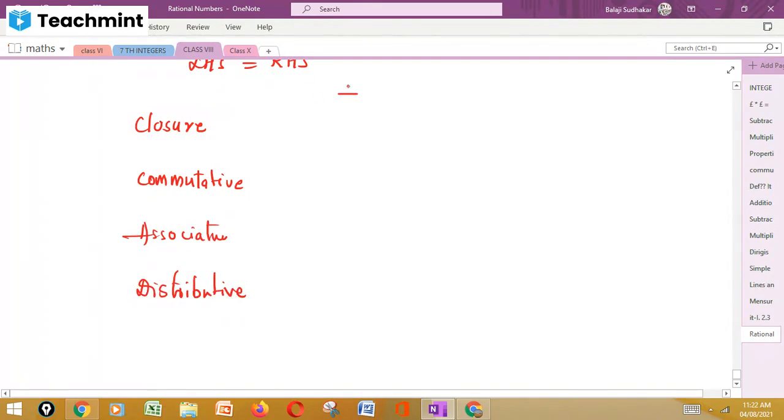In the closure property, over addition, over subtraction, over multiplication, over division. Let us recall: is closure property over addition satisfied for rational numbers?